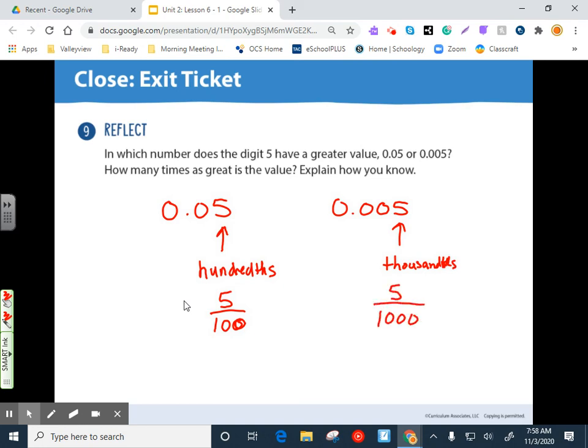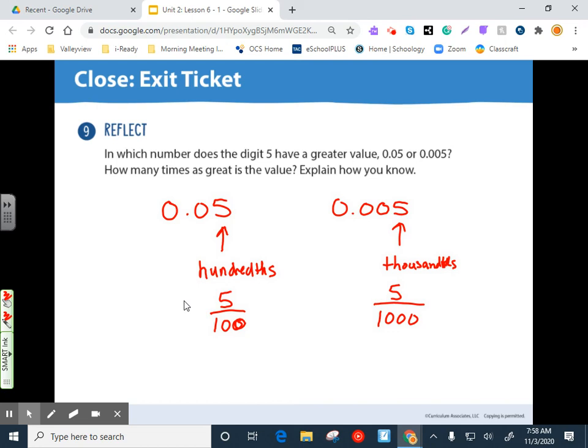So again, what we're talking about with fractions is we're breaking this digit into 1,000 pieces and this one into 100 pieces. Just think of one thing you own, like a piece of paper. If you cut it up into 1,000 different pieces, as opposed to another piece of paper you cut up into 100 different pieces, which pieces of paper will be bigger?